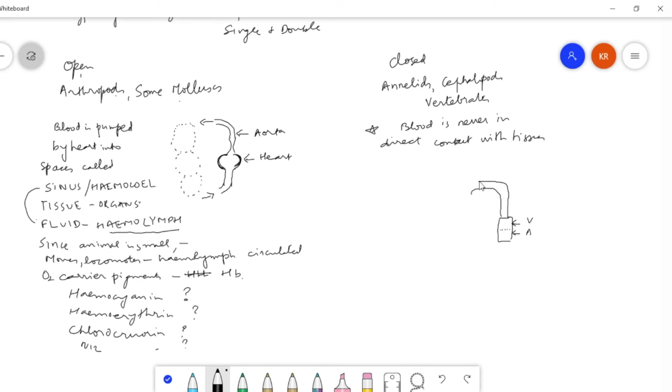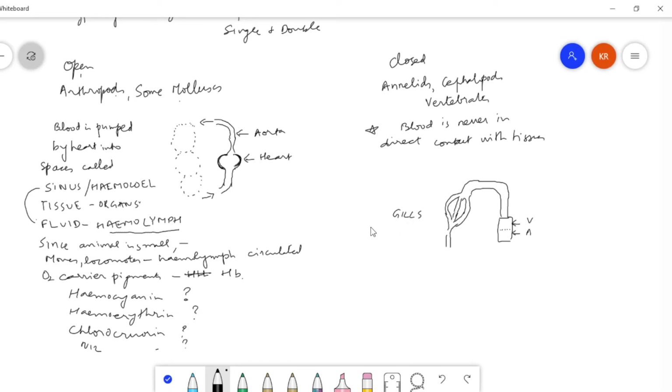And it goes now to a capillary network. And in this capillary network, it's actually the gills. The gills or the lungs where it has got oxygenated.